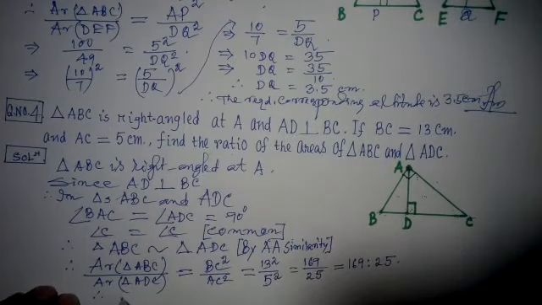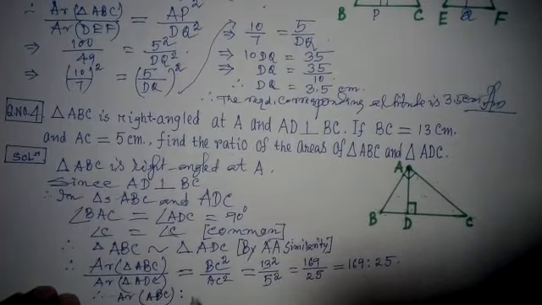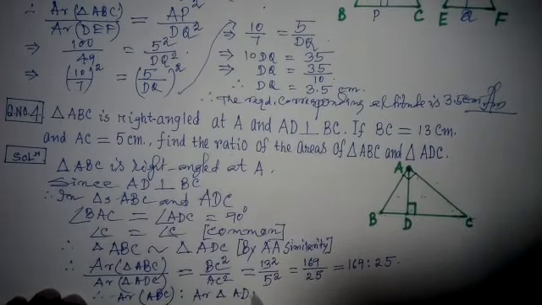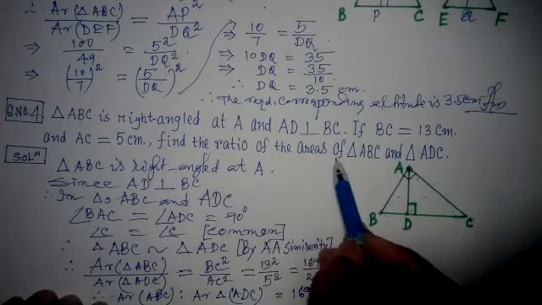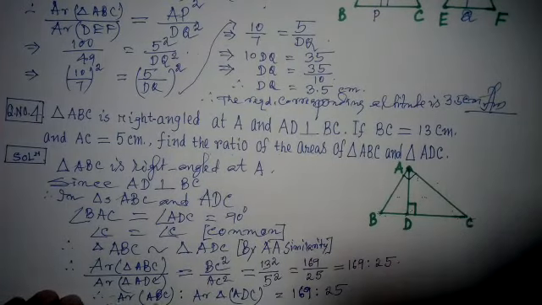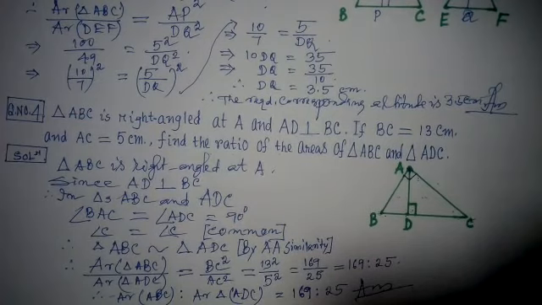Therefore, area of triangle ABC is to area of triangle ADC equal to 169 is to 25, and that is the answer. That is the answer of the sum. So okay.